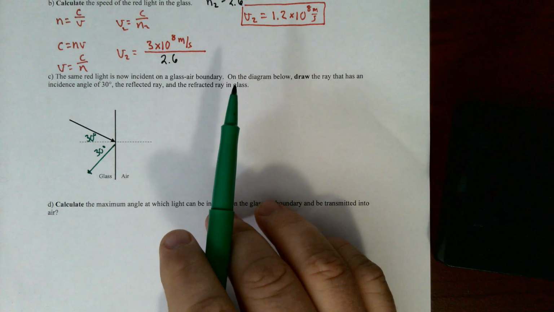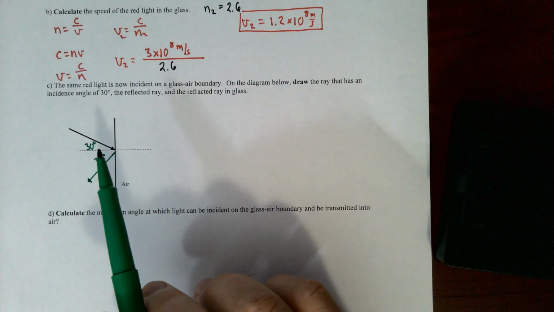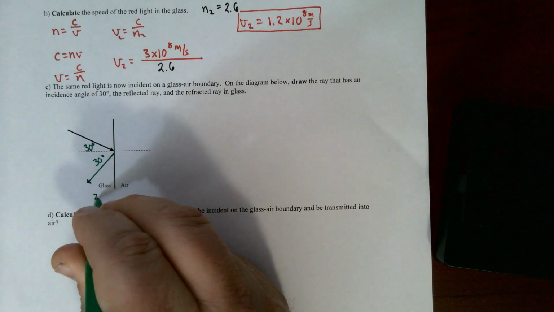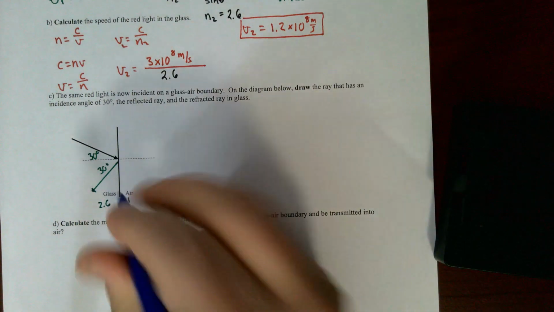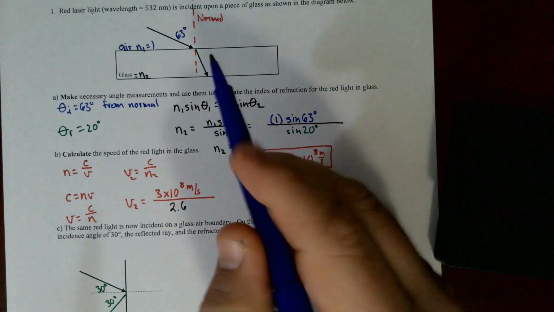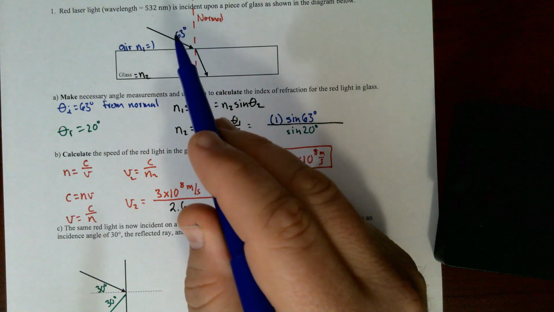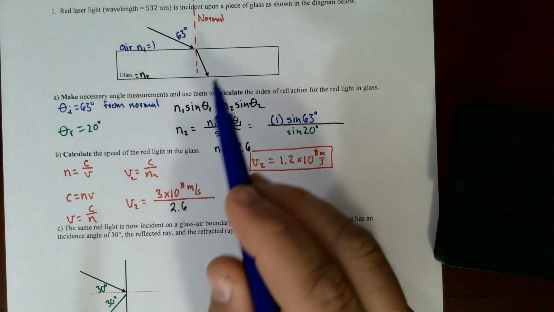And what we have to remember is that when we go from the high index of refraction to the low index of refraction, so when we go from an index of refraction of 2.6 back to 1, we're going to see the same angle comparisons as we did up here. And so 63 degrees versus 20, this is a larger angle in the air than in the glass.